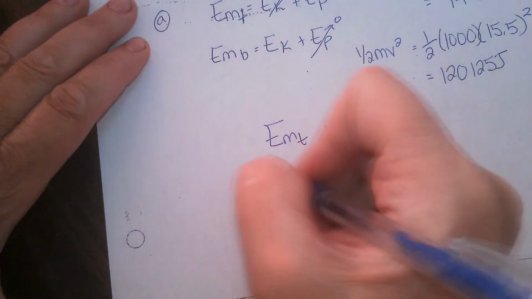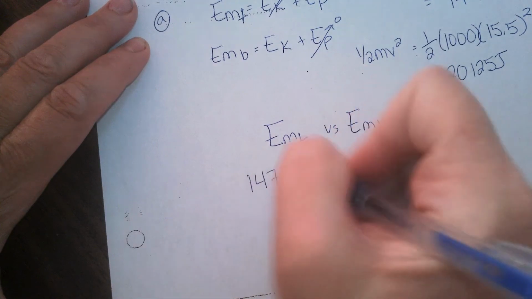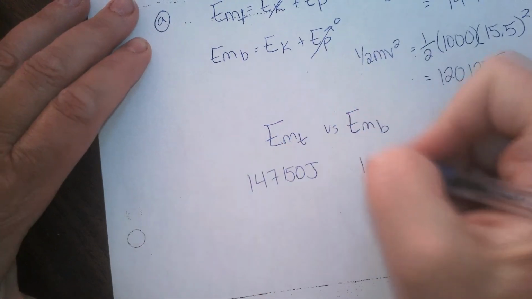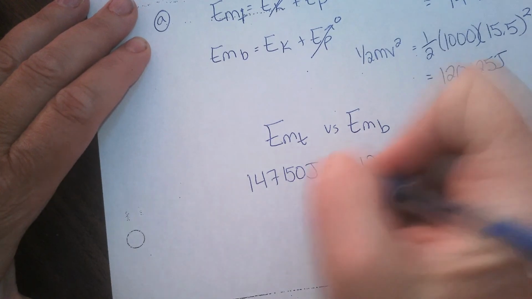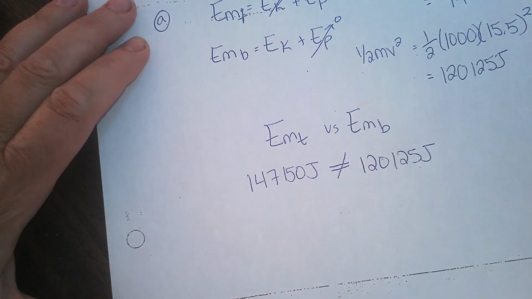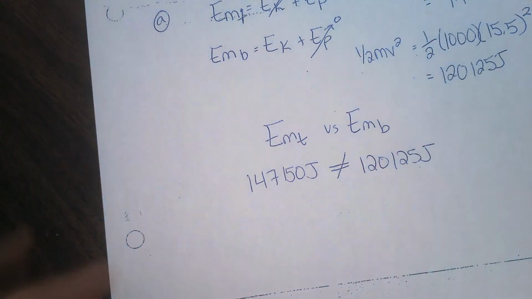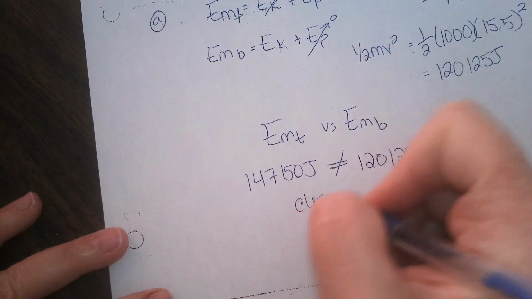So when we're looking at two systems, mechanical energy at the top versus mechanical energy at the bottom, we have 147,150 joules. And here we have 120,125 joules. These are not equal. If they are not equal, it is a closed system.